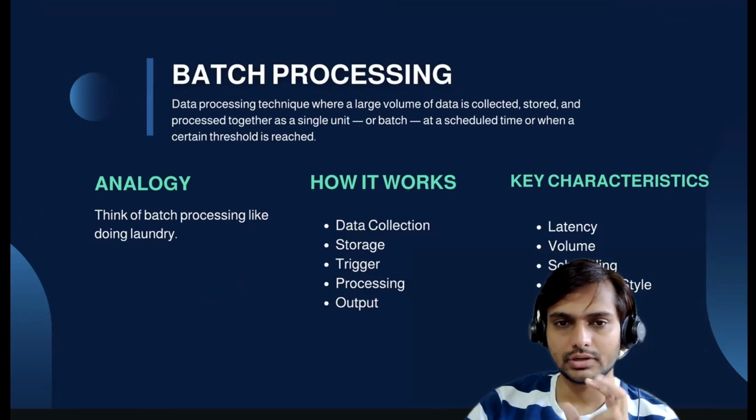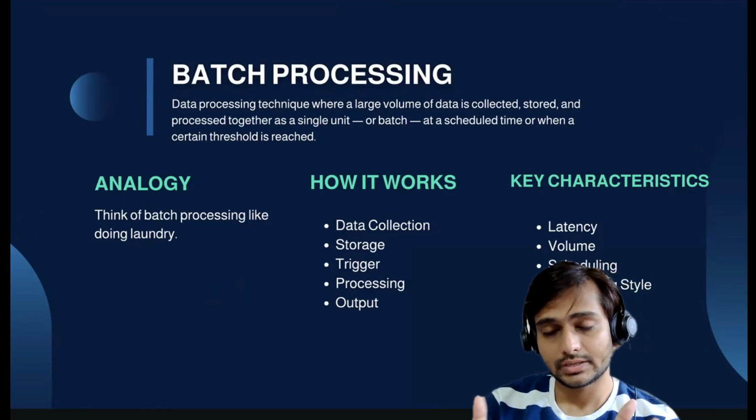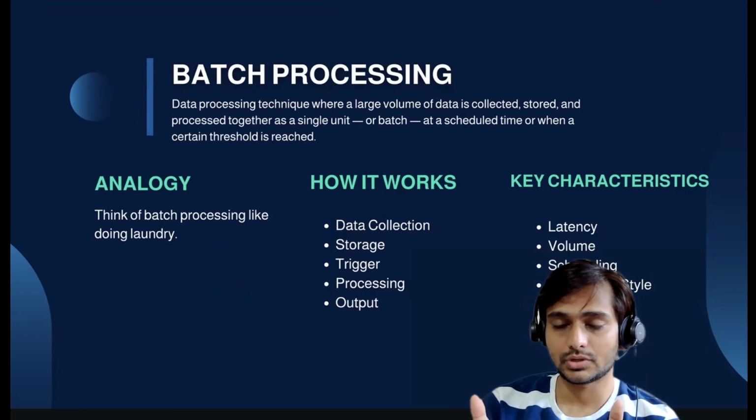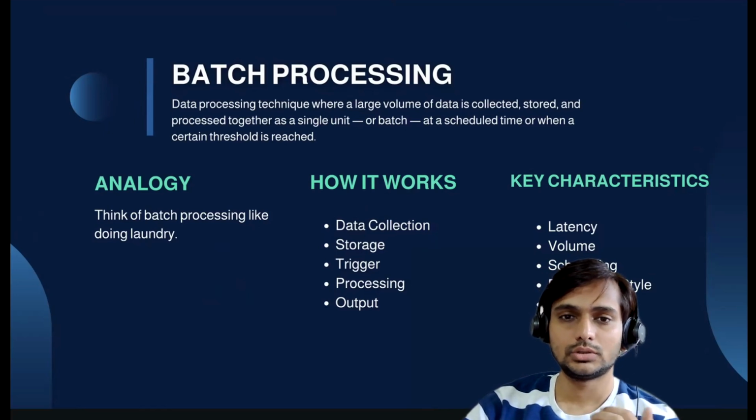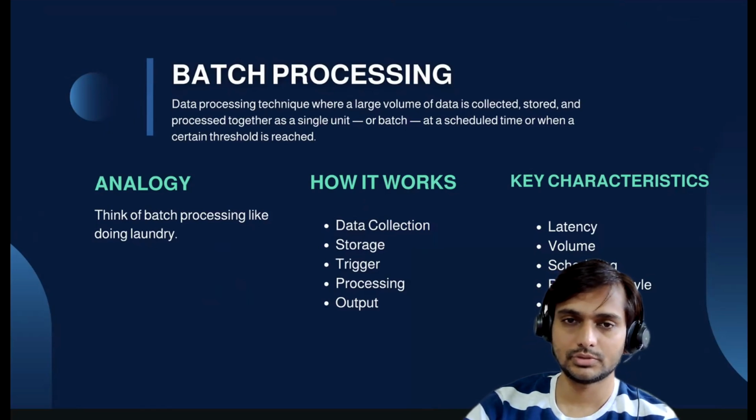A batch job will run using tools like Spark or Hadoop and process the entire data set, and the result is produced for the users to consume. That is where the processing and the output come into the picture. These results might be loaded into a data warehouse, displayed in business intelligence dashboards, or exported to another system, and that system becomes upstream for the downstream system.